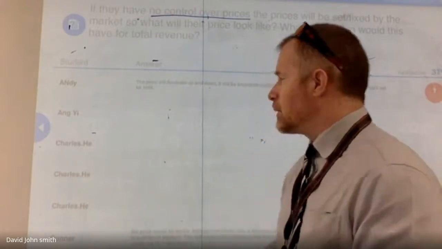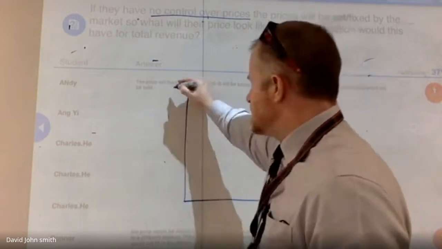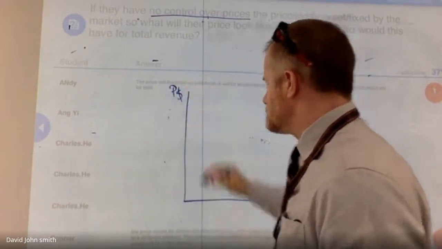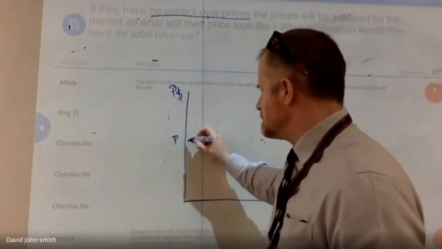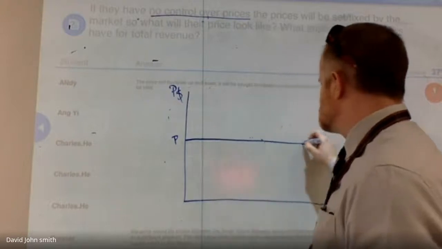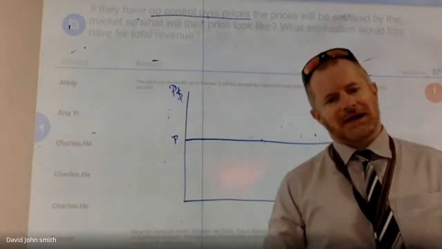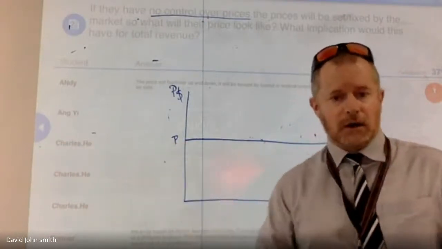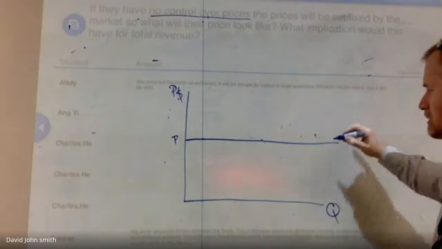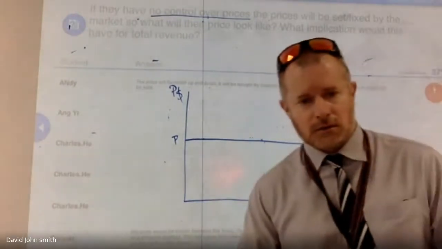So as we saw when we did our diagramming before, what that actually looks like is, if the price is here, a perfectly elastic curve about price, which is the equivalent to, because price is also equal to average revenue.